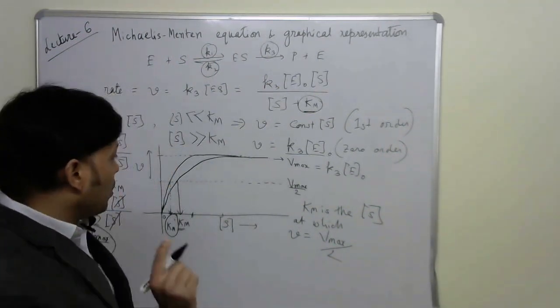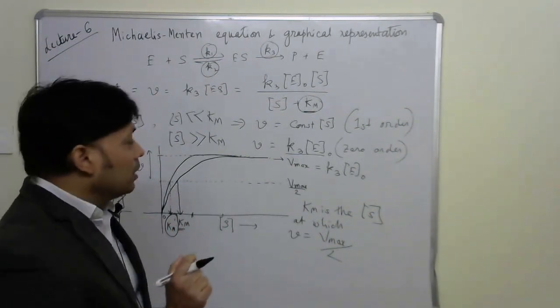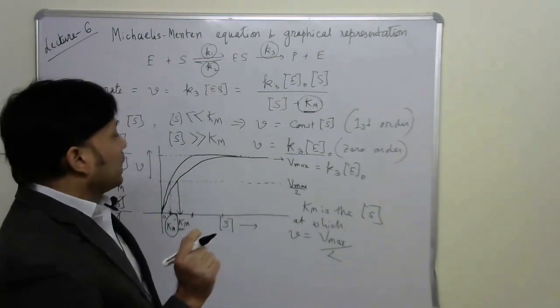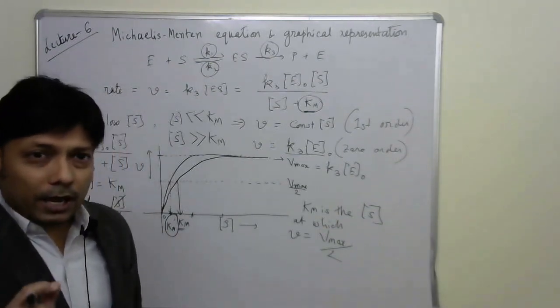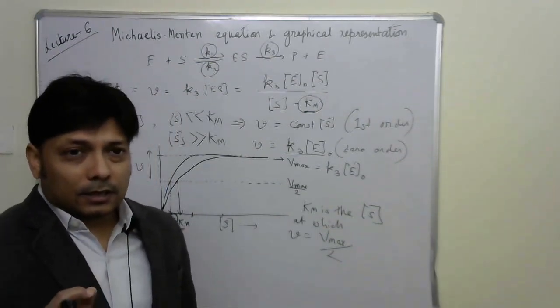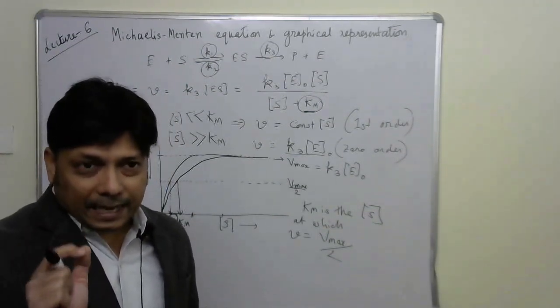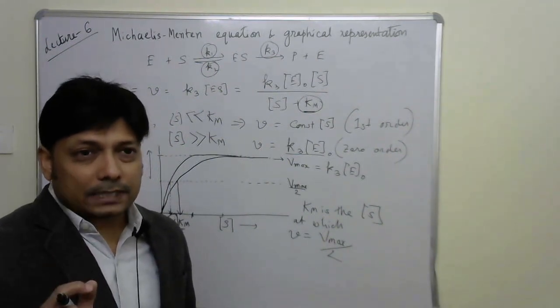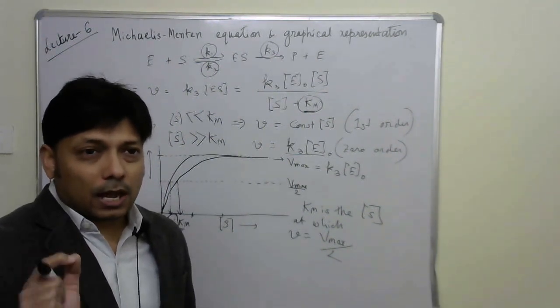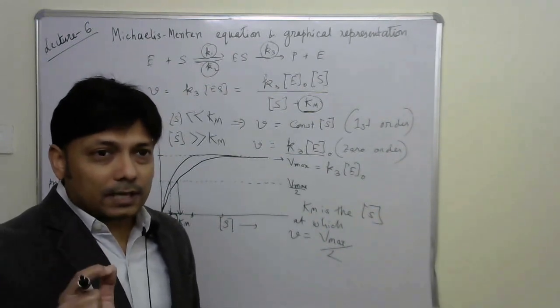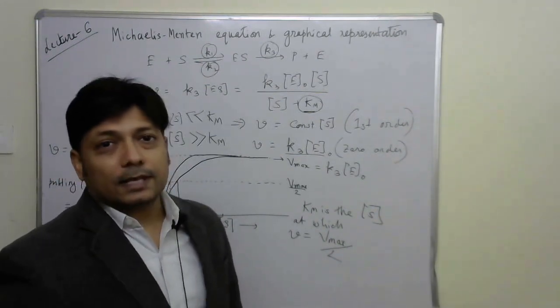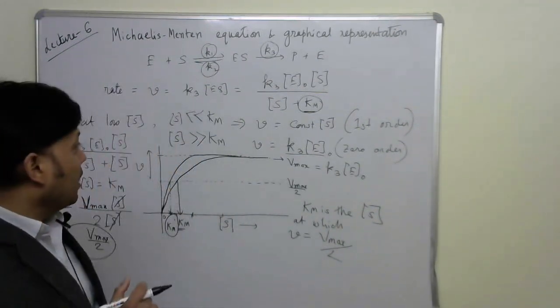Okay, so that is the number one salient feature of the Km. In other words, we can say that for every enzyme catalysis, the constant Km value signifies something special about the property of the enzyme or the concerned enzyme catalysis.